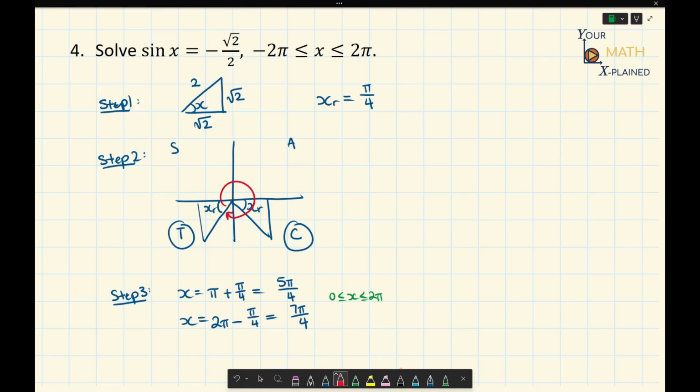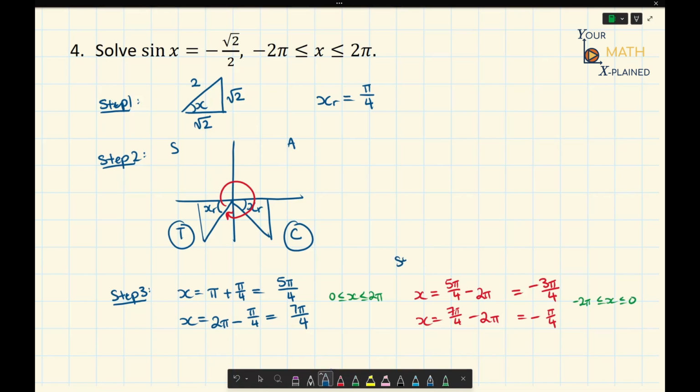So that means our other two solutions are going to be x is equal to 5 pi over 4 minus 2 pi, and x is equal to 7 pi over 4 minus 2 pi. And then simplifying those, we're going to get negative 3 pi over 4 and negative pi over 4. So these would be the two solutions within the domain negative 2 pi to 0.